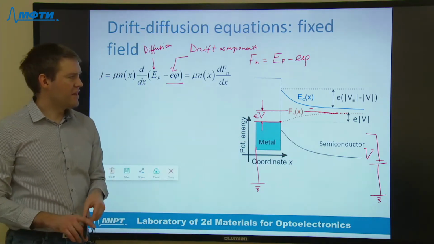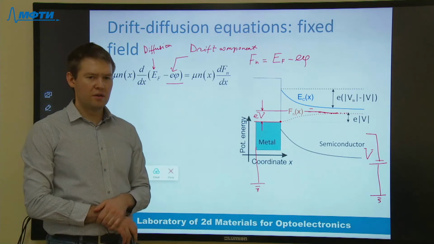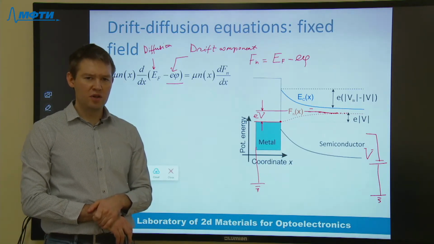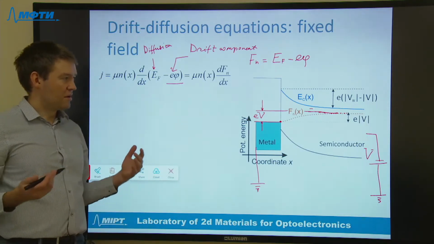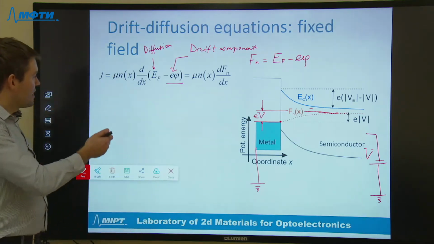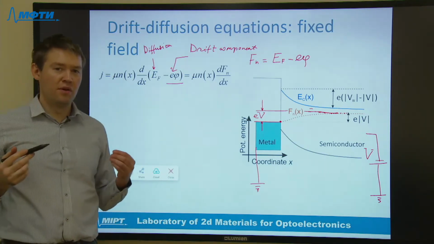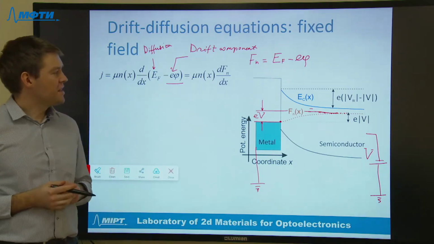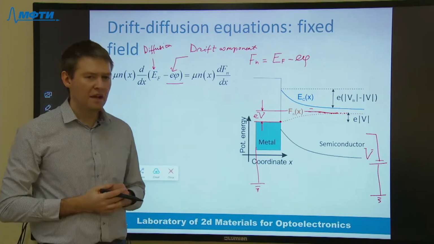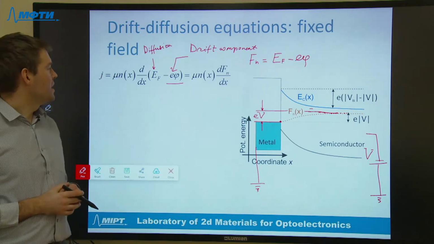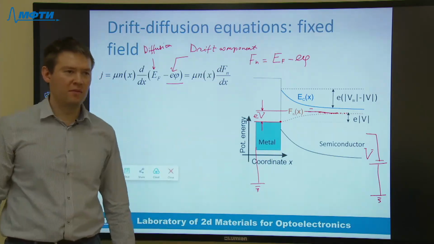But still the evolution of this Fermi level with coordinate is not known. It is a sought-for quantity. The current density is also a sought-for quantity. So it appears that the situation is quite tricky because we don't know the current and we don't know the quasi-Fermi level.